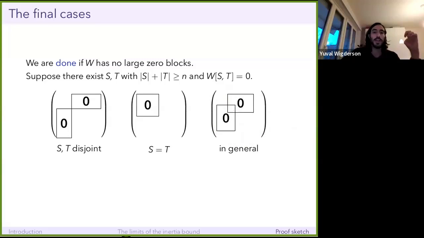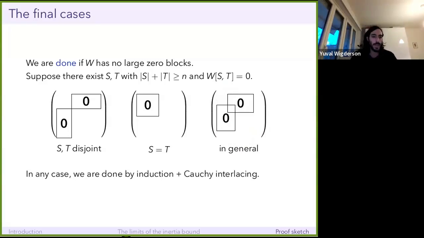Then you apply this direct sum argument on what remains, and you check just by inclusion-exclusion that you maintain the induction. You get at least 23% non-negative eigenvalues. So in each of the three cases, we're done by induction plus Cauchy's interlacing formula. Any questions about that?